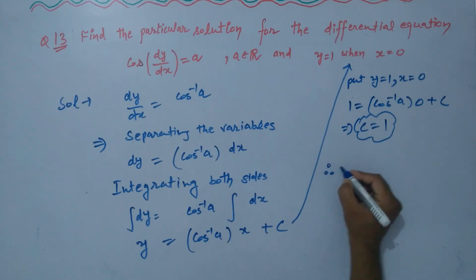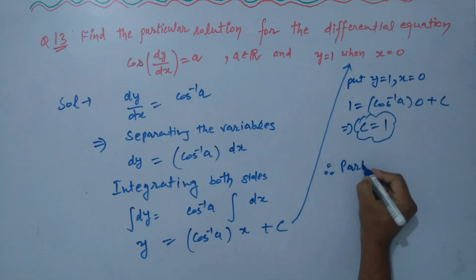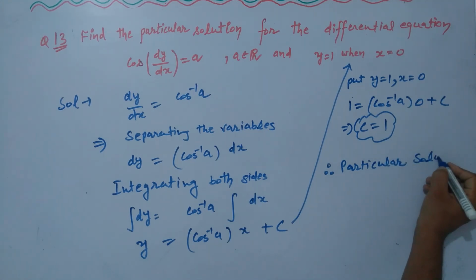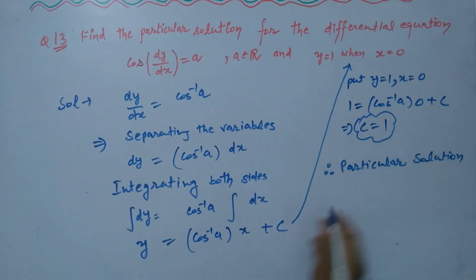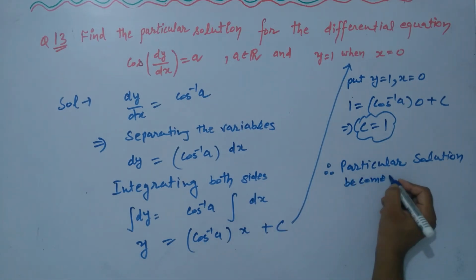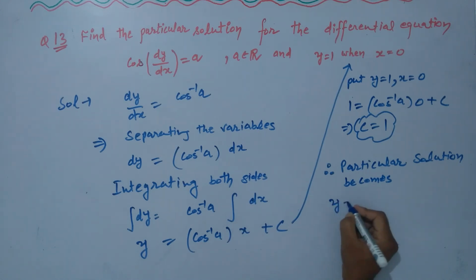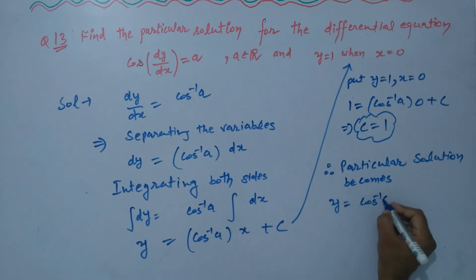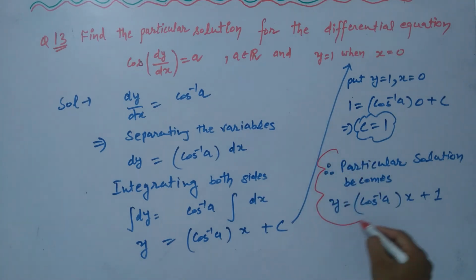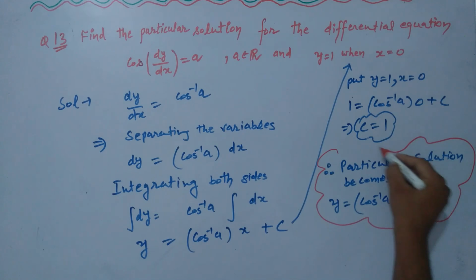Therefore, the particular solution becomes y is equal to cos inverse of a into x plus c. The value of c is obtained as 1. So this is the particular solution for the given differential equation.